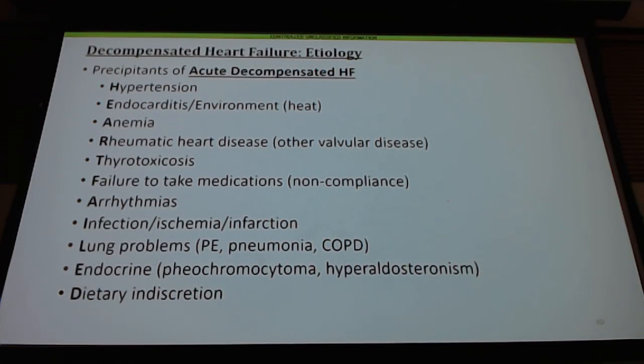So we just talked about the various forms of heart failure, and we talked about how it's affecting the cardiac output, but that doesn't necessarily mean that they have symptoms, even though they have a reduced ejection fraction or preserved ejection fraction.